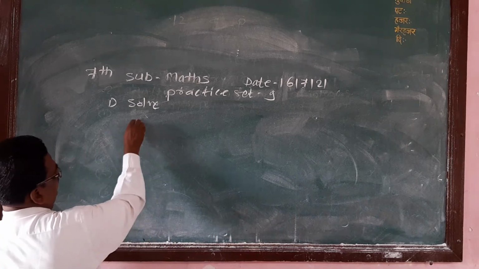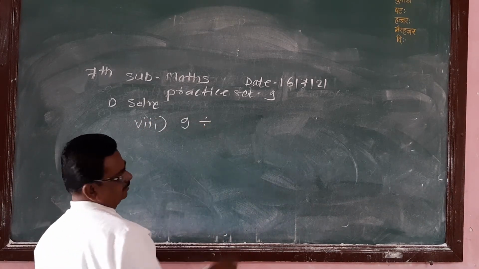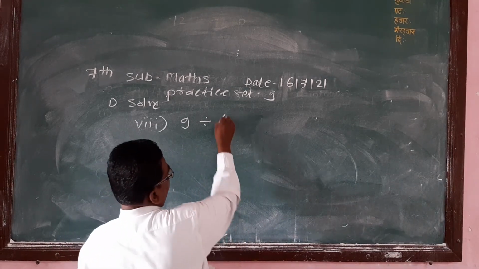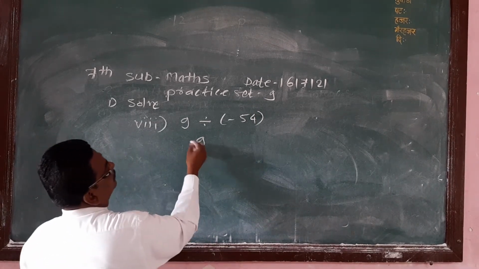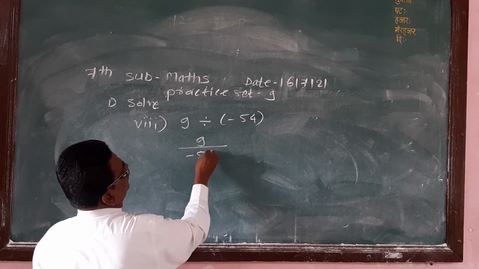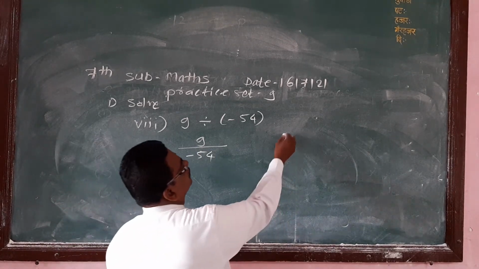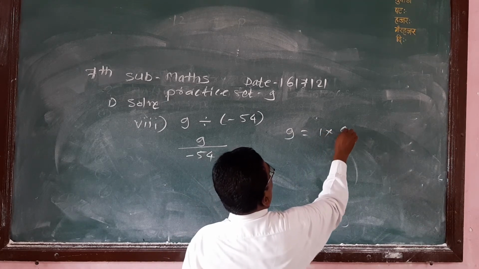9 divided by minus 54. 9 divided by minus 54. 9 is equal to 1 into 9.